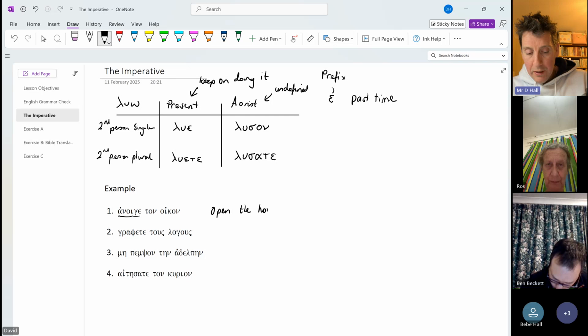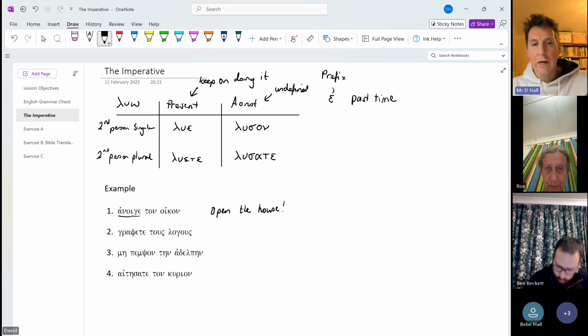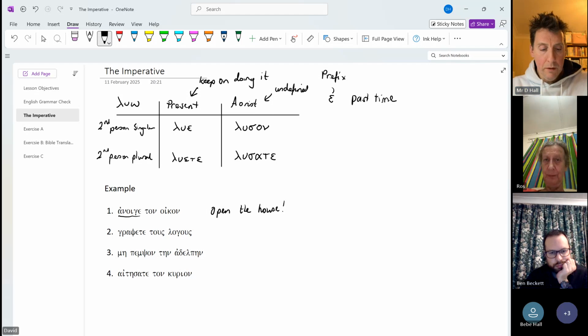So open the house, and it's in the singular. And as we often do, if you want to illustrate a command, we use an exclamation mark. So we tend to put that in there to give an indication that we are referring to some instruction, some command, however forceful that command might be.